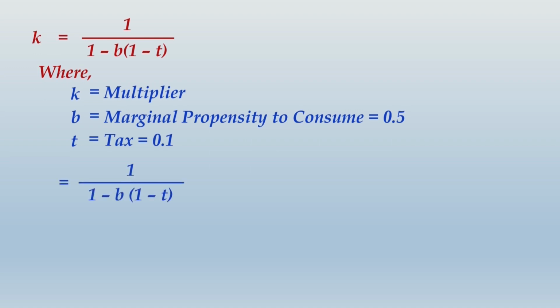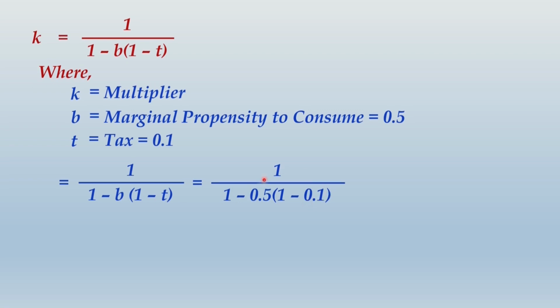So when you are putting this value, k equals to 1 divided by 1 minus b into 1 minus t, and that will be 1 divided by 1 minus 0.5 into 1 minus 0.1. So in order to solve this correctly, what you need to do is first deal with this bracket part, that is 1 minus 0.1, which will give you 0.9.